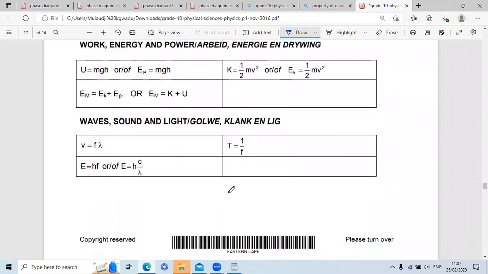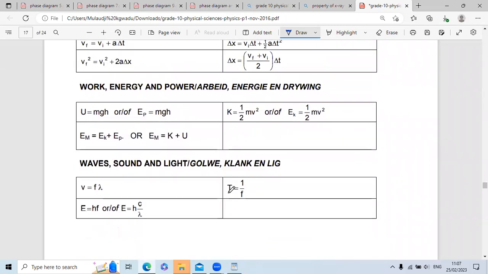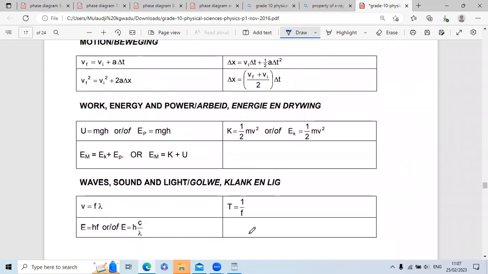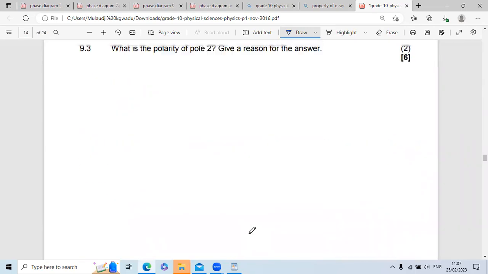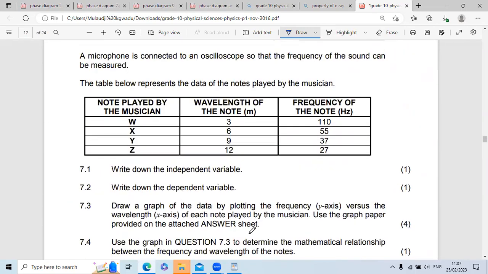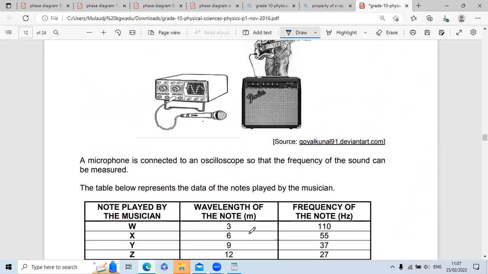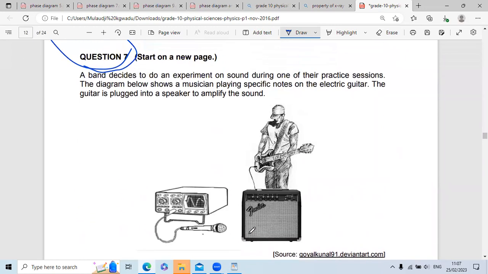Just know that the speed of sound varies depending on the medium. There's the speed of sound in water, there's the speed of sound in air, and they're all different speeds.